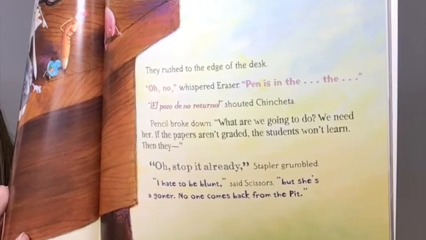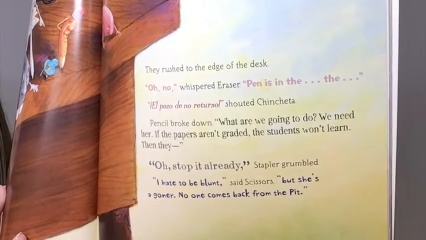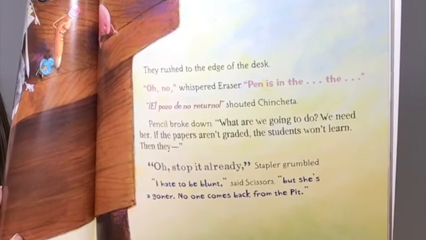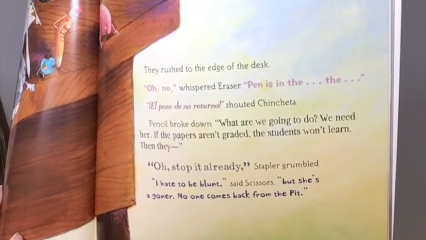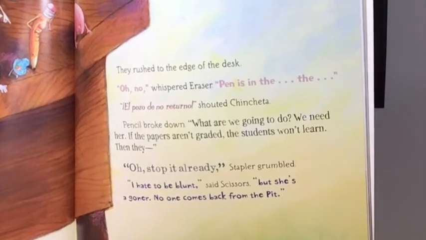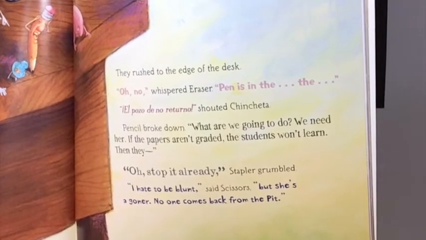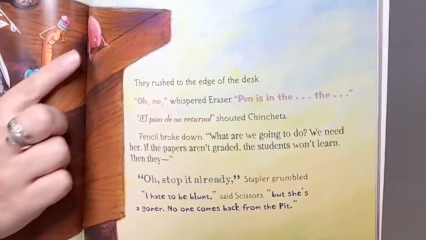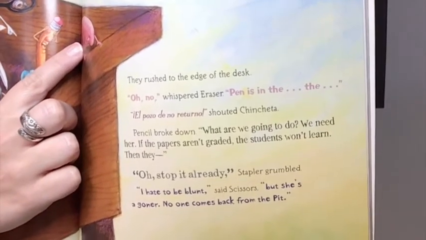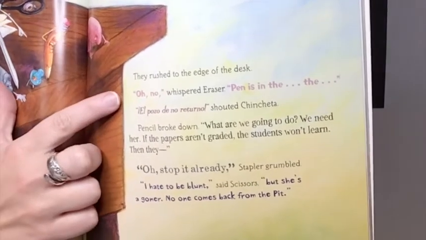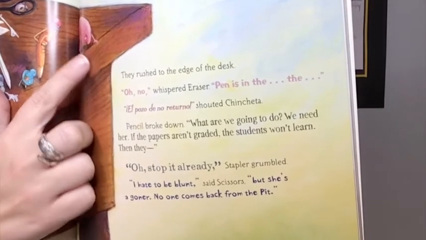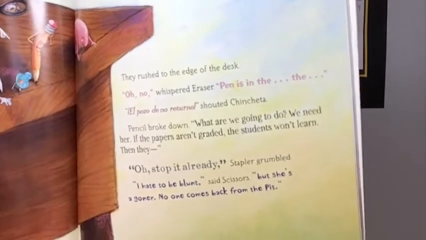Pen is in the. On that sentence, I hear some feelings that show me how Eraser is feeling. And I like how this author has turned those words pink so that we know it's coming from the eraser.